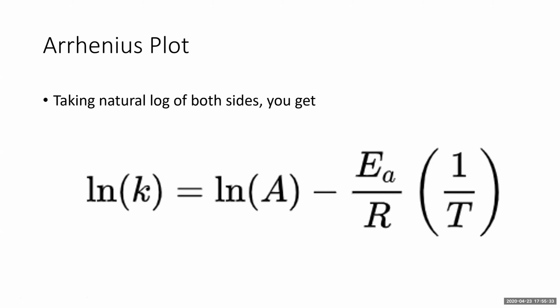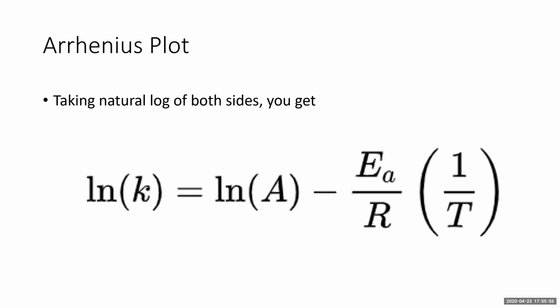For this question, we are looking at an Arrhenius plot. To get the equation that describes it, you would take the natural log of both sides and then separate the right side into what you see on the screen.